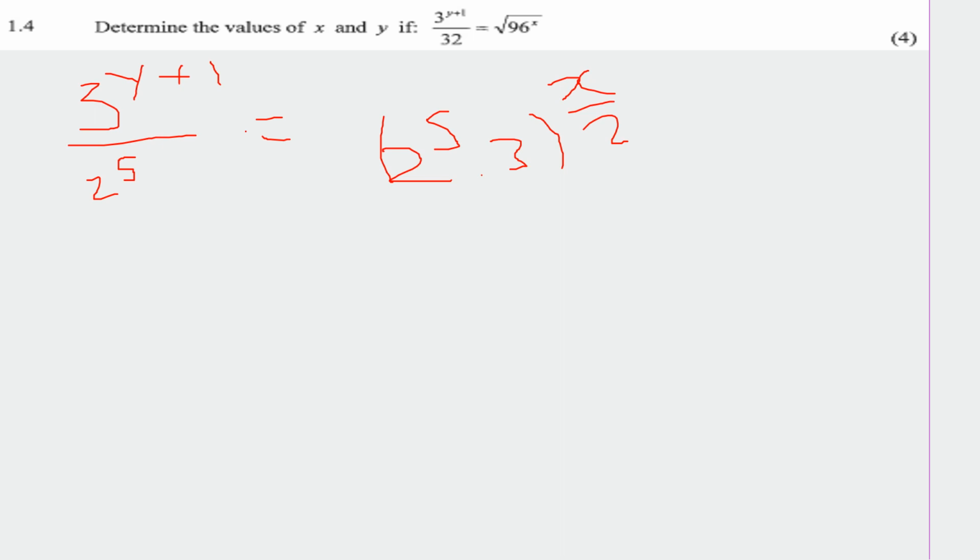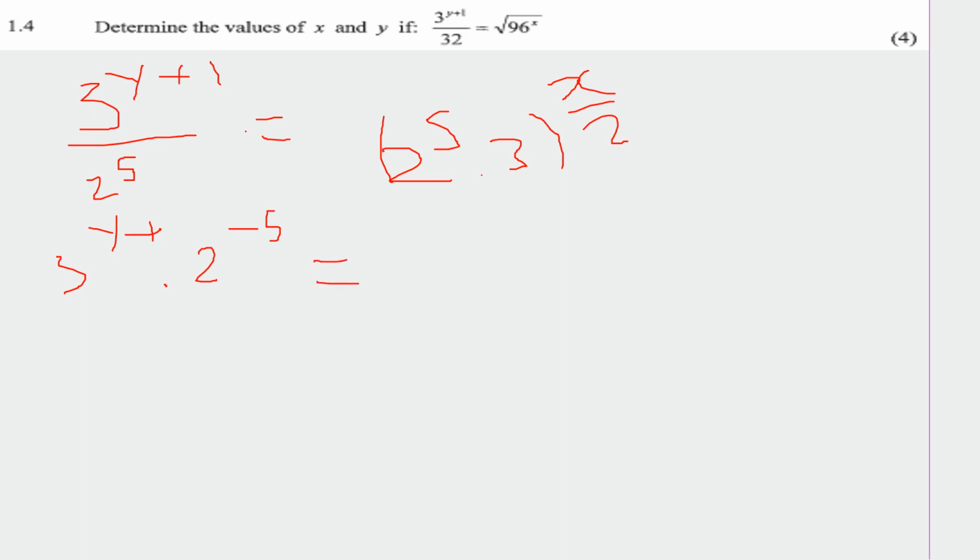But then 96 is equal to 2 to the power of 5 multiplied by 3, which is a product. So all of it is raised to x over 2. Here we can simplify to 3 to the power of y plus 1, and then we take this 2 and put it at the top, which is going to be 2 to the power of negative 5.